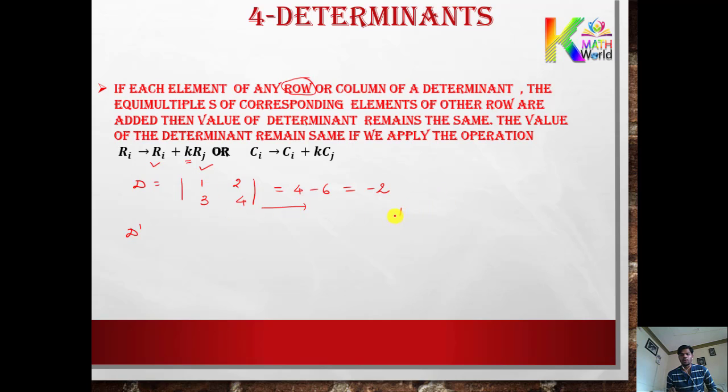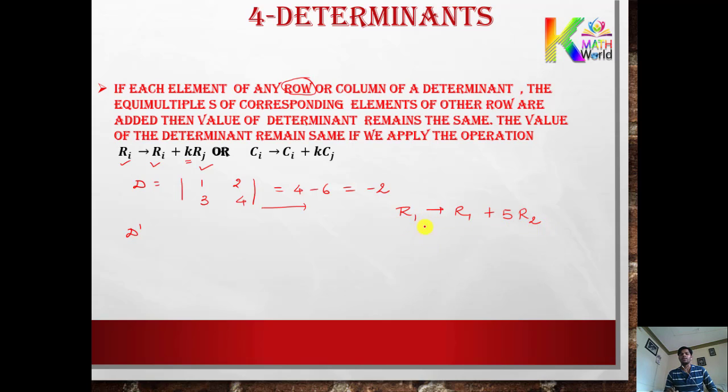Now suppose you perform an operation on D. Here we have only 2 rows. Suppose you want to add in the first row, so on R1 we perform R1 plus k R2. Suppose you consider k as 5. This can be read as performing the operation R1 to R1 plus 5R2.